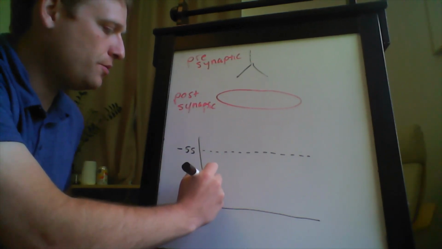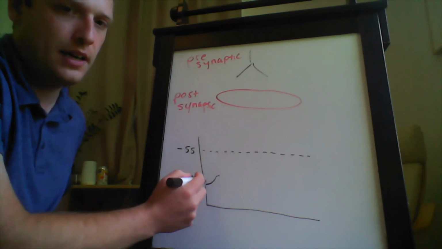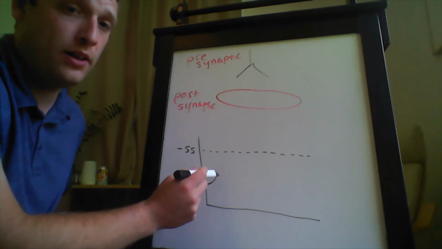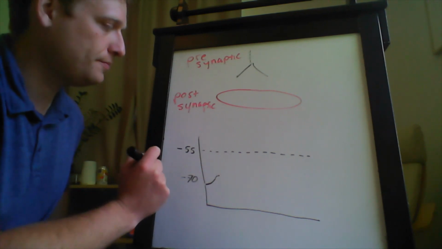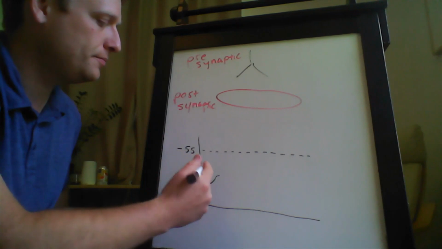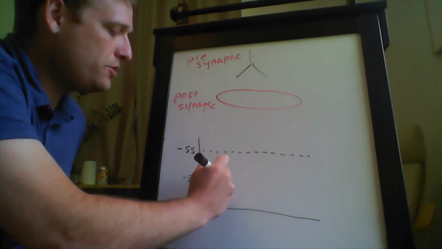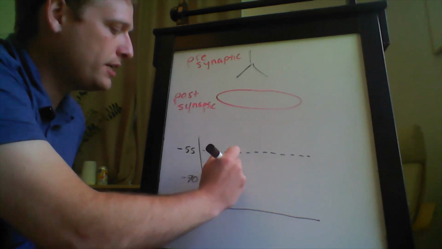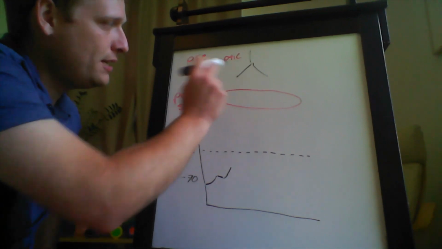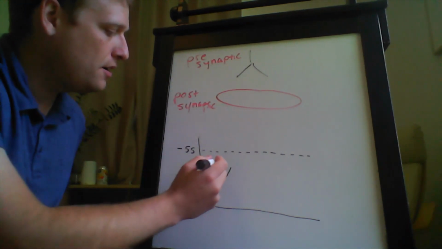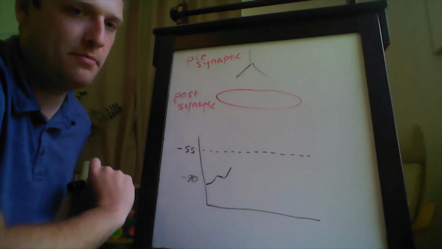So there's one action potential, one neurotransmitter release. And again, if there was no other stimulus, you would return to resting for the postsynaptic neuron. But let's say it's firing rapidly. Those stimuli are going to build up on one another. There's not enough time in between stimulations for the postsynaptic cell to return to its resting membrane potential.